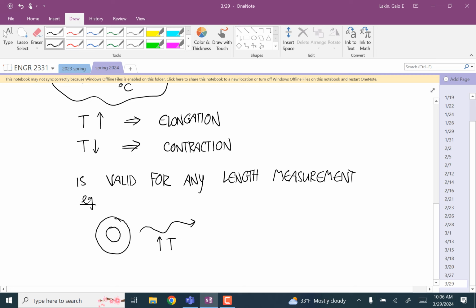Like say you increase the temperature of this donut shape, you might start thinking, oh, well, it's going to grow this way, but it's going to grow this way, and then that hole is going to shrink. But every dimension is going to increase. And so this is a measurement you could take, and taking that measurement, you'd get an increase.